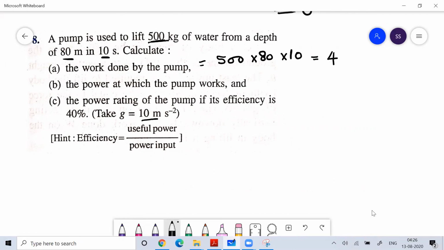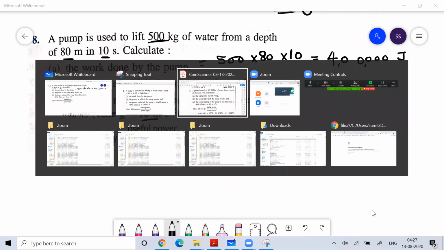This is 40, then how many zeros? 1, 2, 3, 4. So work done by the pump is 4 lakh joule.